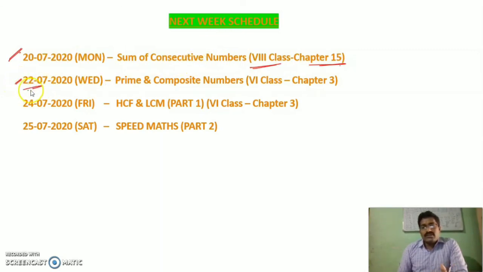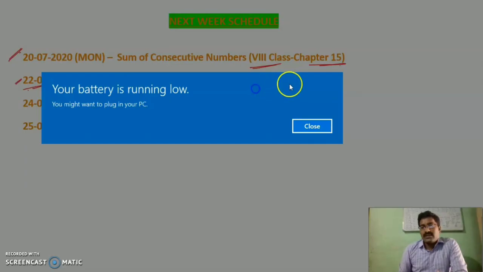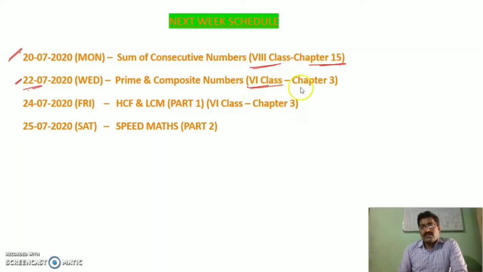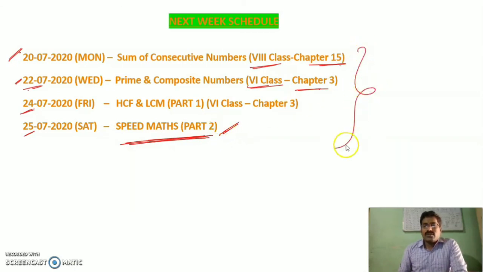Wednesday 22nd is prime and composite numbers, the 6th class, chapter 3. Friday class is HCF and LCM part 1. 25 Saturday is speed maths class. So this is the schedule for next week.